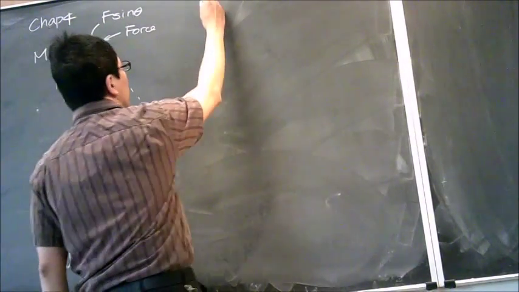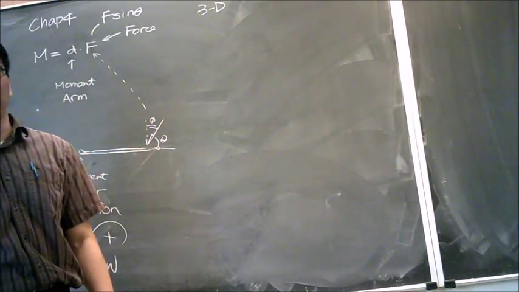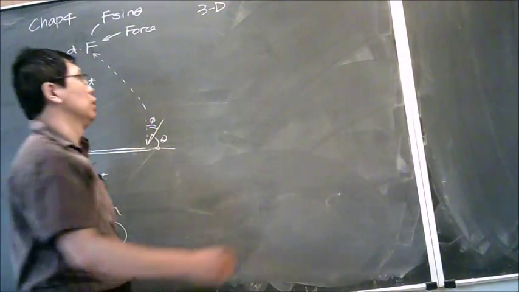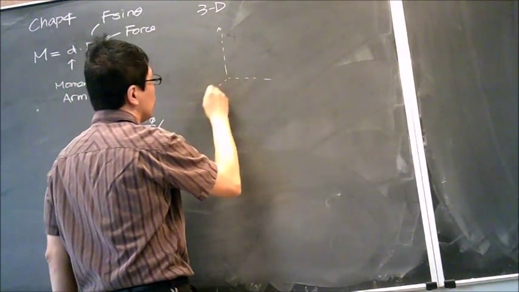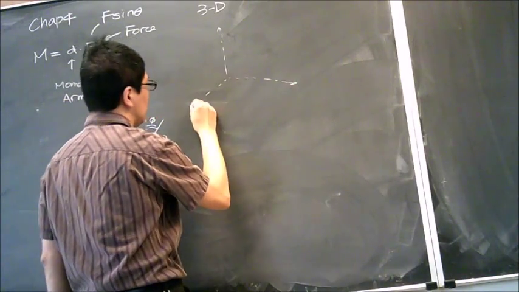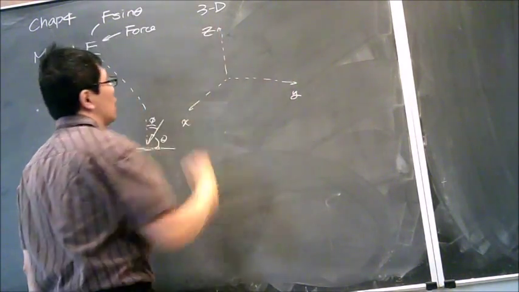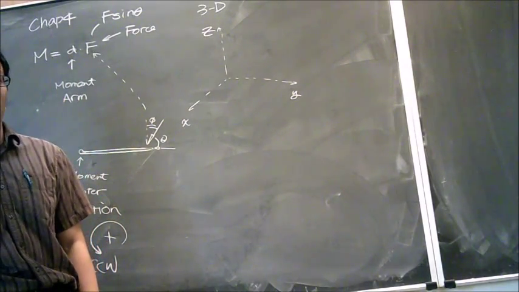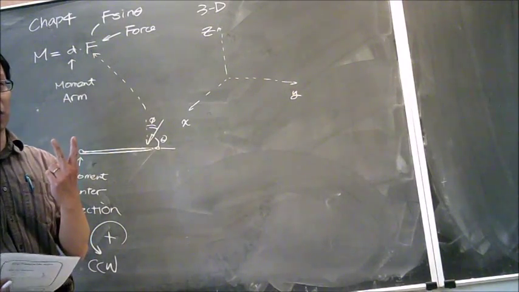However, if it's three-dimensional, it's going to be a little bit tedious for you to calculate the effective moment. So most likely, when you have a three-dimensional problem, you need to identify the x, y, z axes of your system. And when you are dealing with this, there are two vectors you need to deal with.